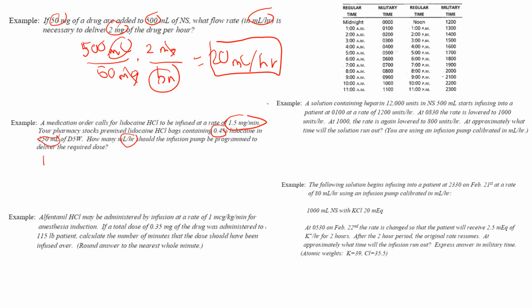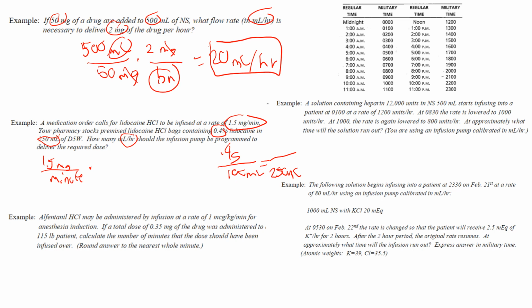So we have 1.5 milligrams per minute. And then we have a solution that is 0.4% lidocaine. So what we can do with that is we can essentially multiply it. So if we know there's 0.4 grams of lidocaine in 100 milliliters, in 250 milliliters, because that's what this is stocked in, we can multiply that to figure it out.